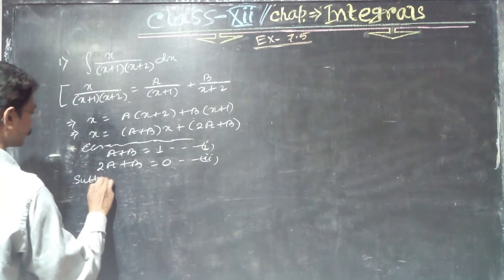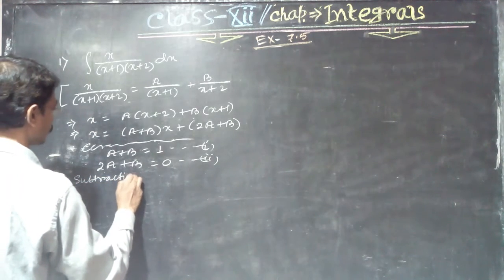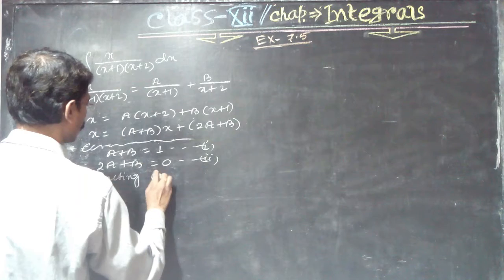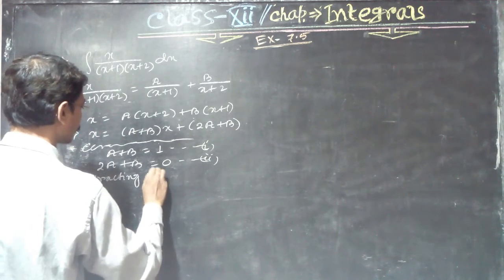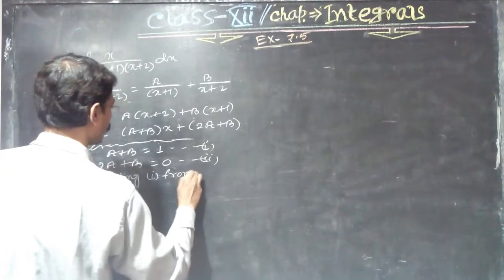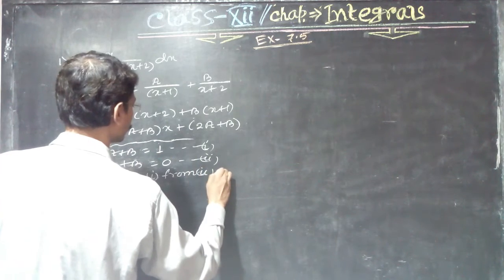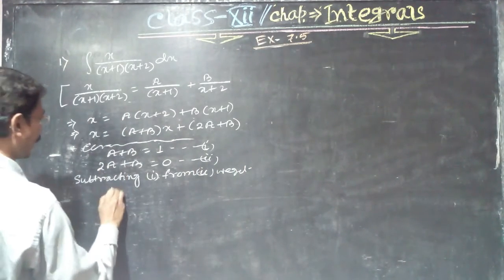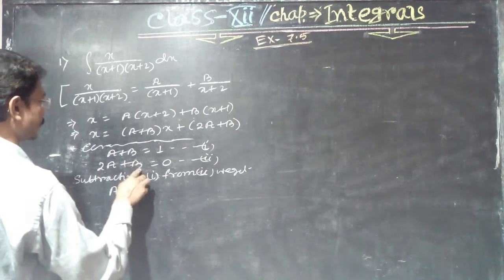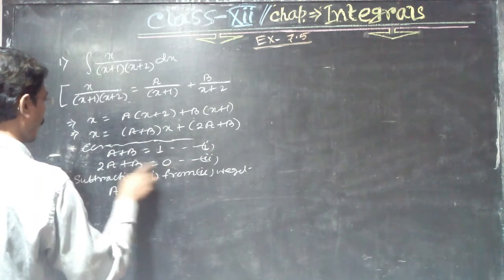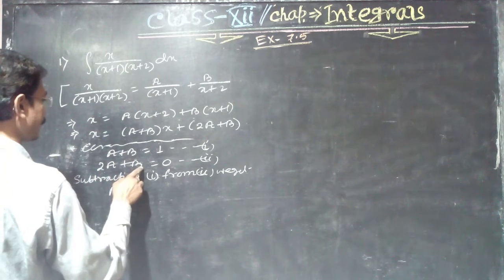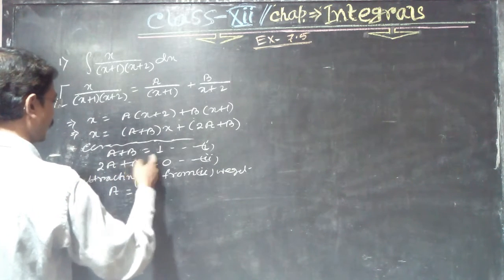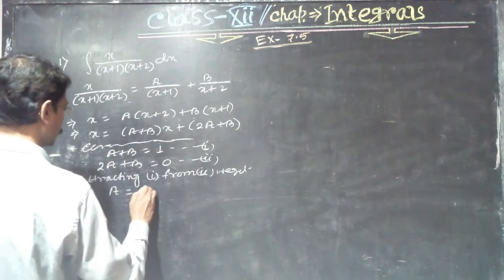Subtracting 1 from 2, we get 2a plus b equal to 0 and minus a minus b, b cancels.